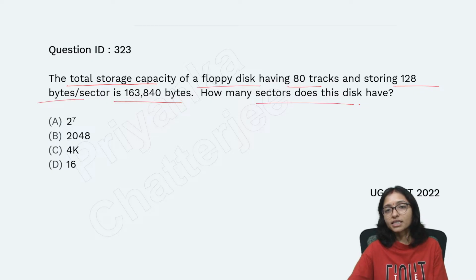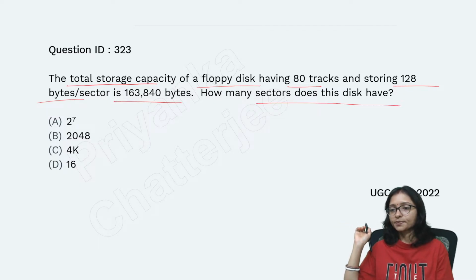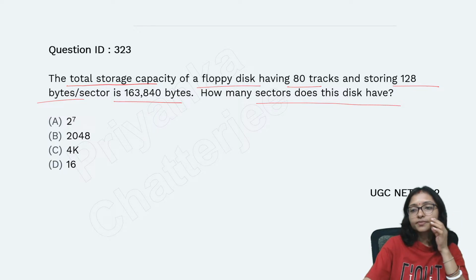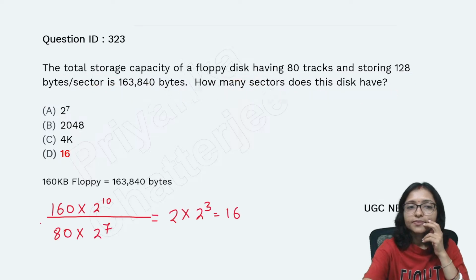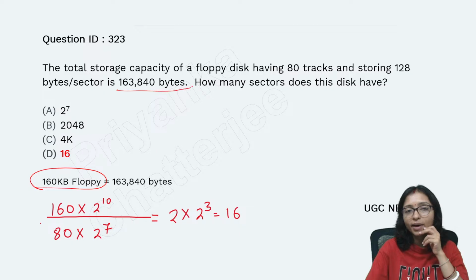Then how many sectors does this disk have? Yes. So here we need a simple answer. Here the answer is coming as 160 KB floppy. Okay, here this is given in bytes.